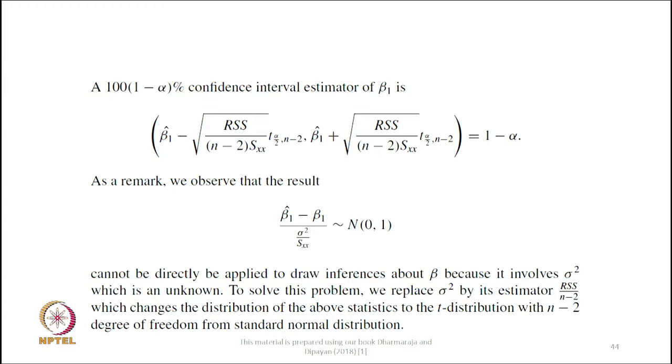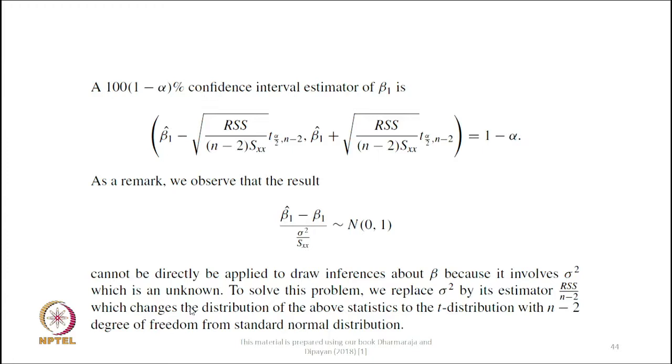Also, as a remark, we can observe that beta 1 cap minus beta 1 divided by the square root of sigma square divided by S xx is going to be a standard normal distribution. It cannot be directly applied to draw inference about beta 1, because it involves sigma square, which is unknown.